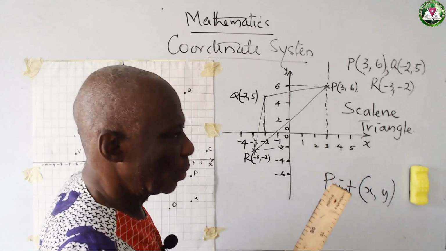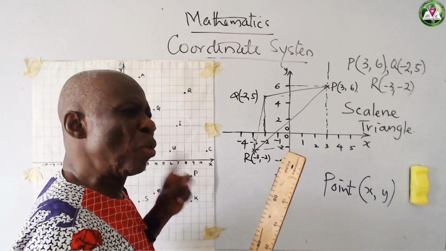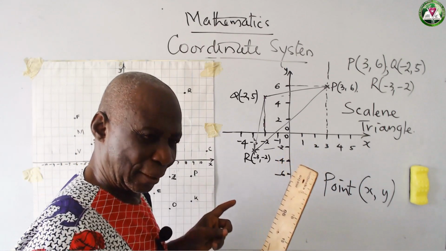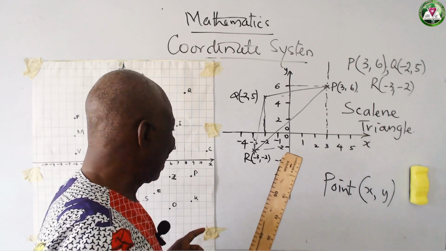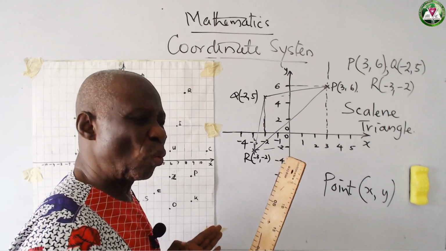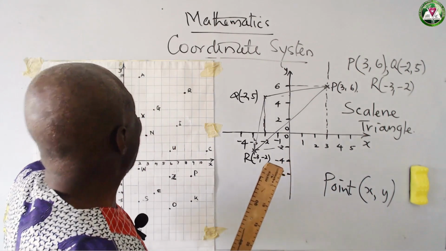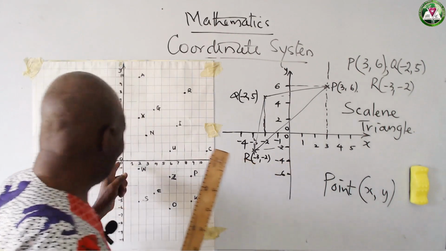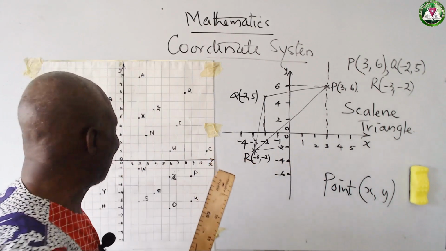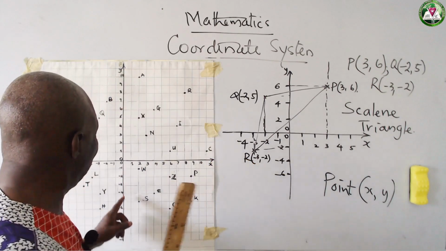He says, if we move along the x-axis, at what number are we going to move so as to locate A? See the x-axis that way from 0 there. See where A is.